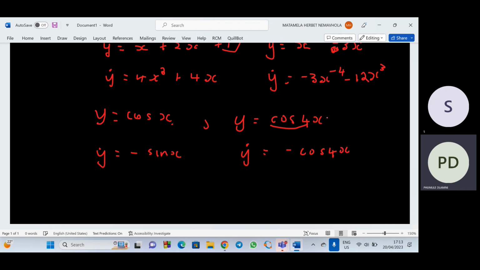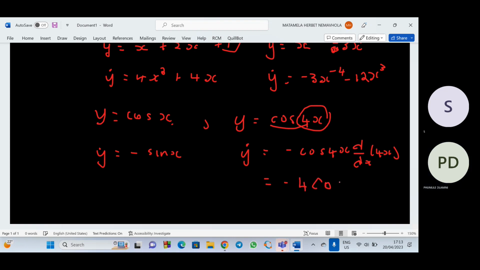Then you differentiate what is inside, 4x. Normally we write d over dx of 4x. The answer when you differentiate 4x is 4. So the answer will be negative 4 sine 4x.